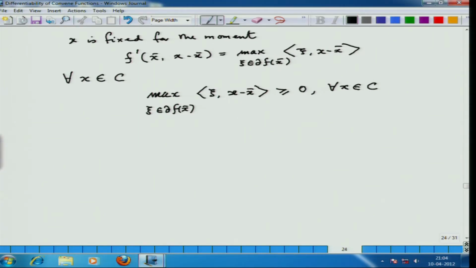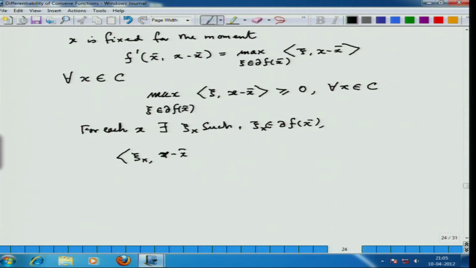Now, for each x there exists xi such that xi belongs to del f x bar. Of course, xi depends on x. Such that xi times x minus x bar is equal to max of.